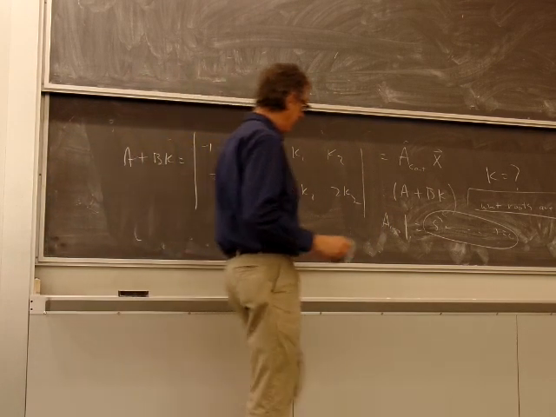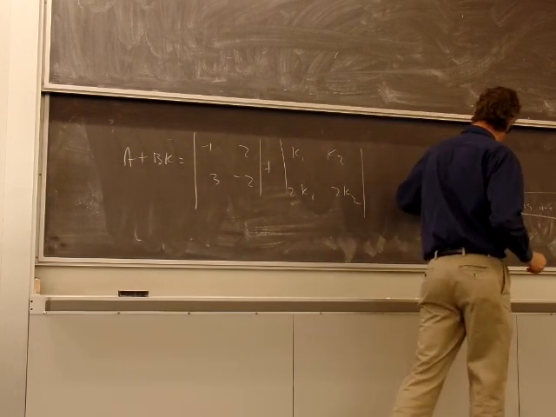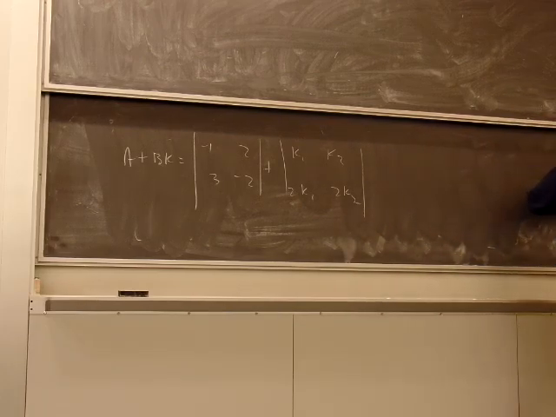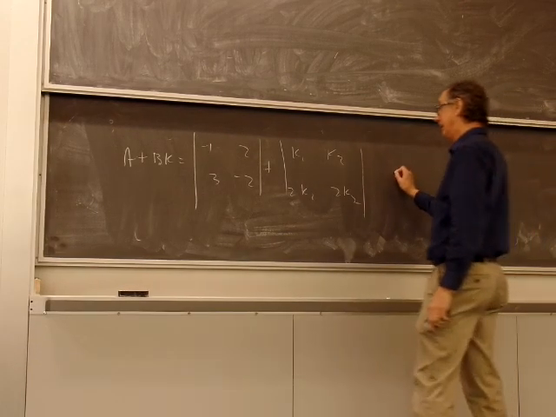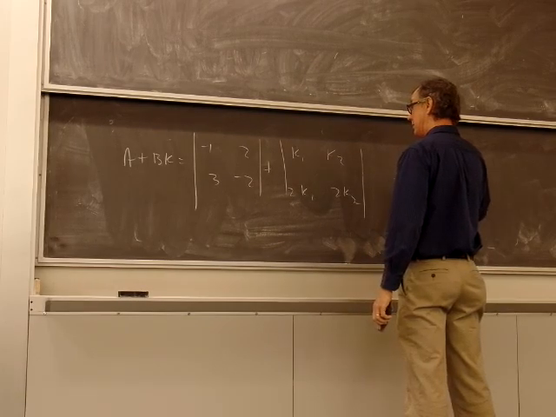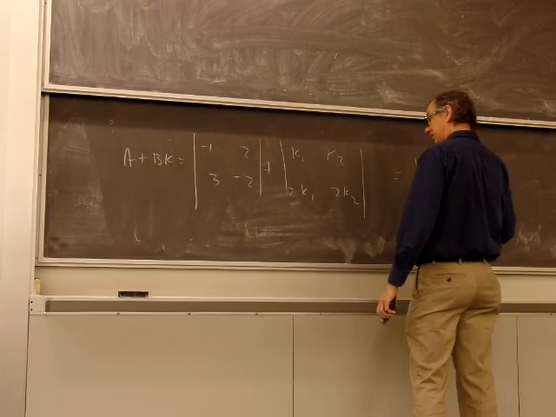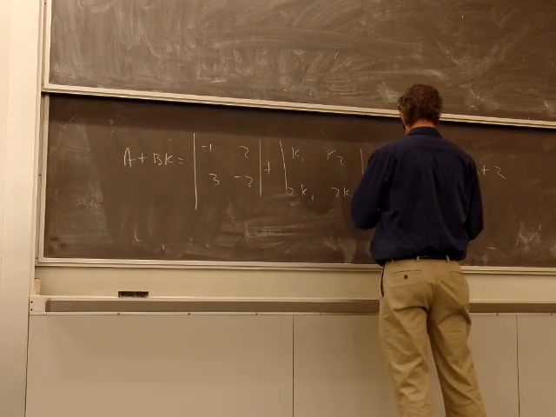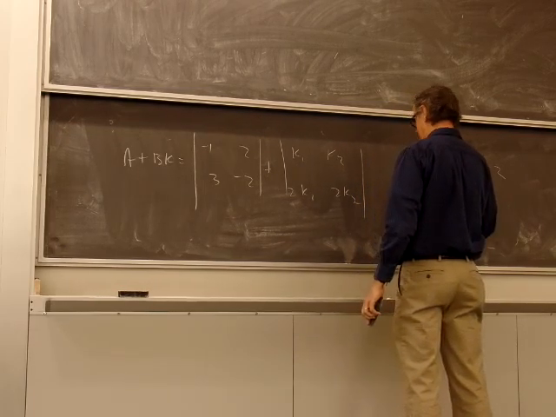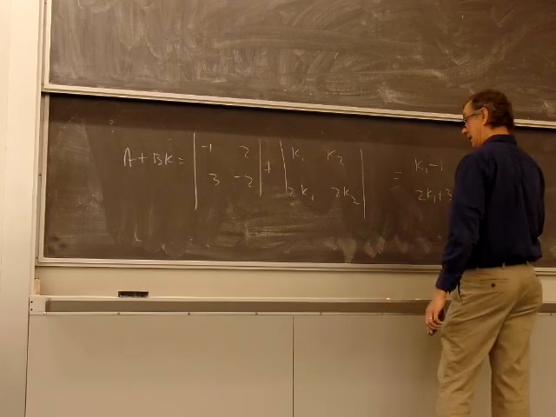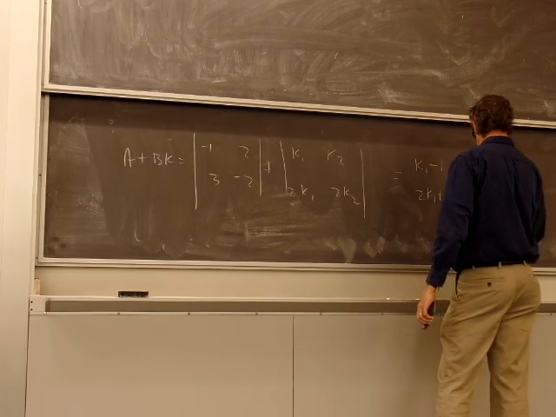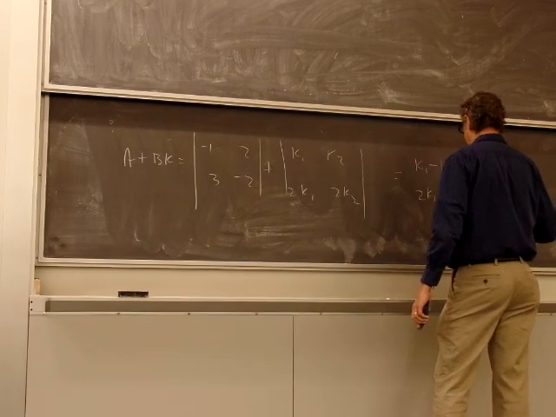And this is a little bit messier. K1 minus 1, K2 plus 2, 2K1 plus 3, and 2K2 minus 2.